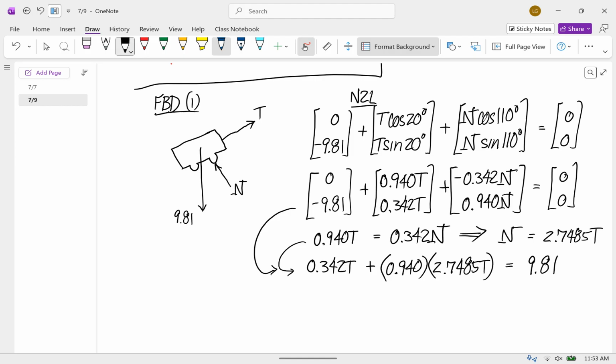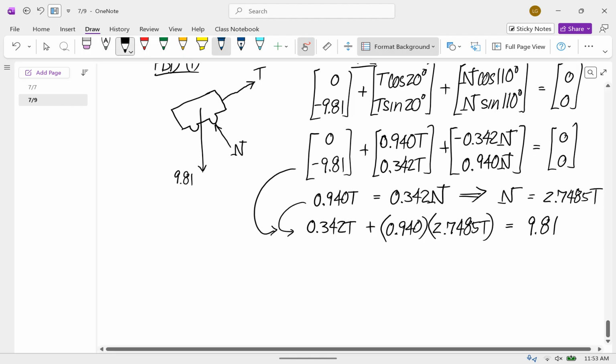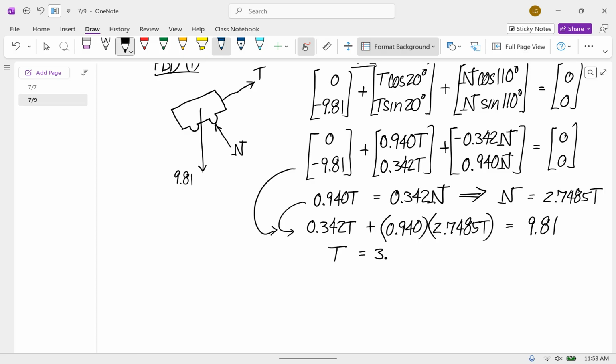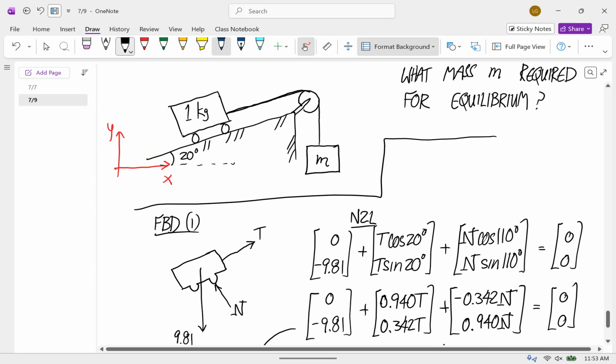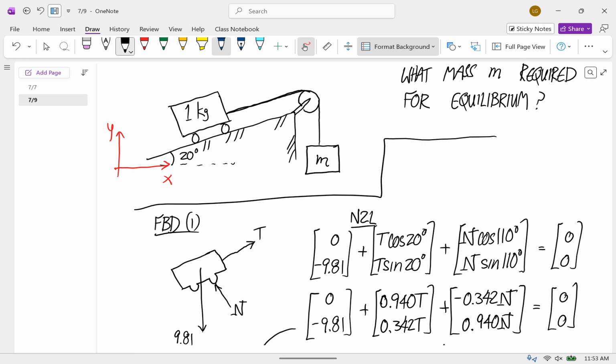And I get that T is equal to 3.353 newtons. Okay, so that's the tension of that cable that's required for this to be in equilibrium. Equilibrium, remember, means it could be at rest, but it also could just be moving with a constant velocity.